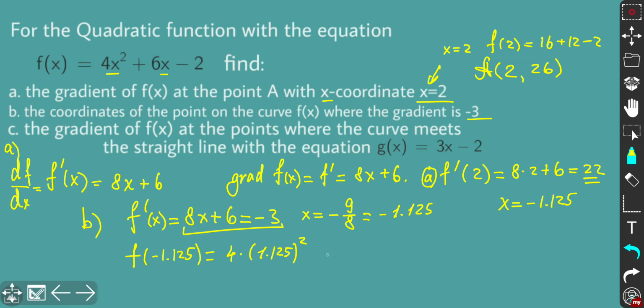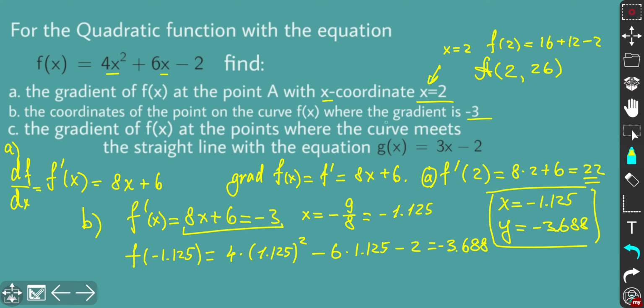I didn't put the minus because I know that the negative squared gives a positive answer. Anyway, that's the result, negative 3.6875, so to 3 decimal places, the y coordinate is going to be negative 3.688. Okay, so we found both coordinates for the point where the gradient is negative 3.